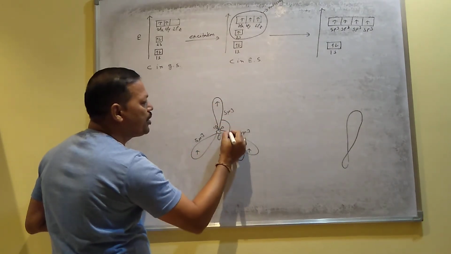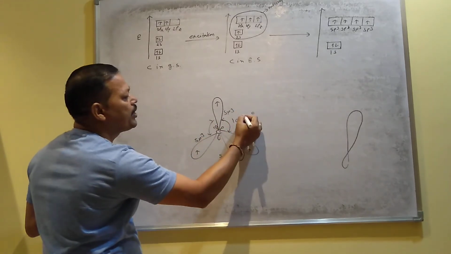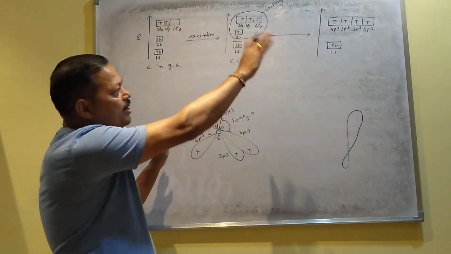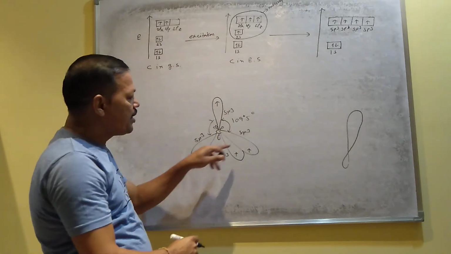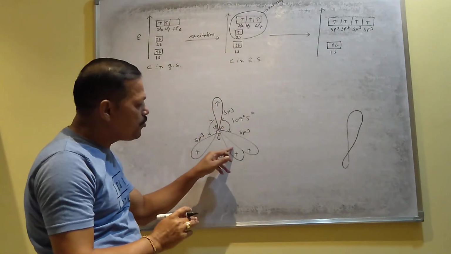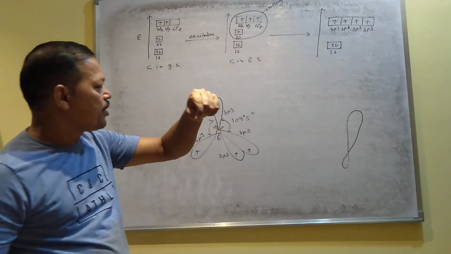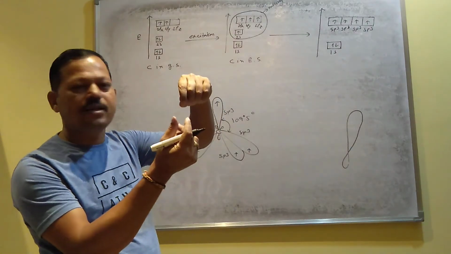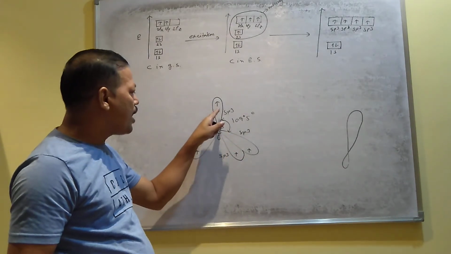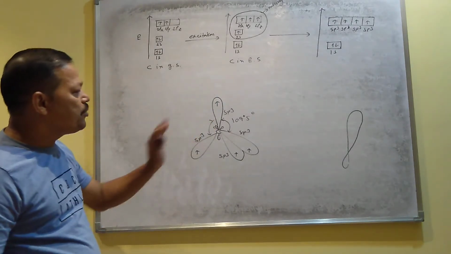The bond angle between all the orbitals is 109.5 degree. This is above the plane, this is below the plane, and these two are in the plane, that's why I have drawn it this way. In the next class I will show you a model of what a tetrahedral structure looks like, how this is above the plane, how this is below the plane, and how these two are in the plane.